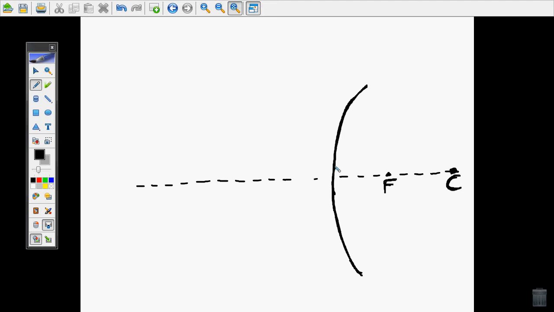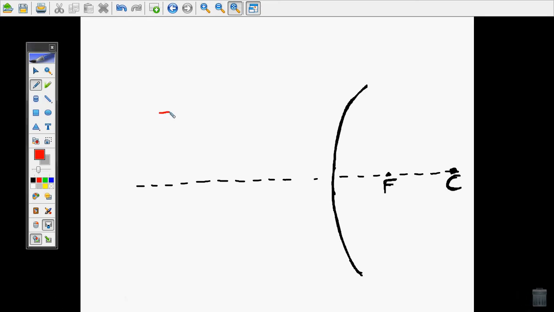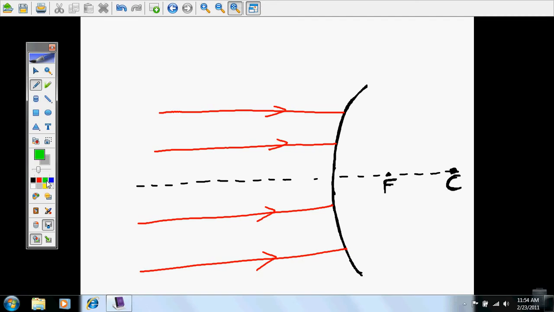And if you draw parallel light rays in, like before, parallel to the principal axis, each one will obey the law of reflection. But notice the normal lines now, I'll just draw one.